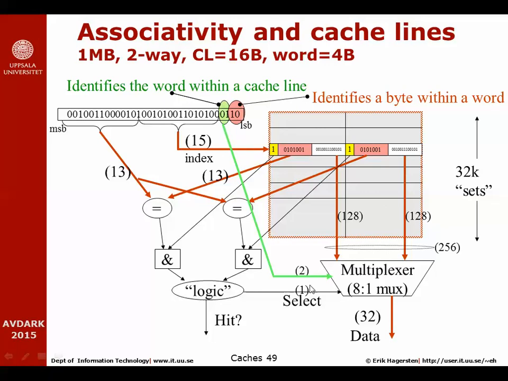So 2 bits plus this bit are being input to this mux, which is an 8-to-1 mux, which will do a double job. It will choose left or right, but also, within the cache line, it's going to choose the very word that was requested by the processor at that point in time.